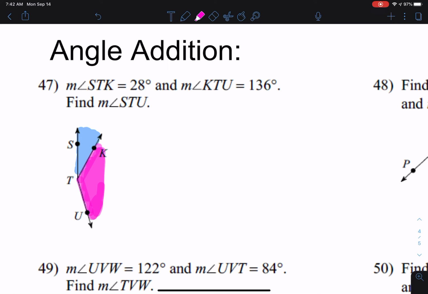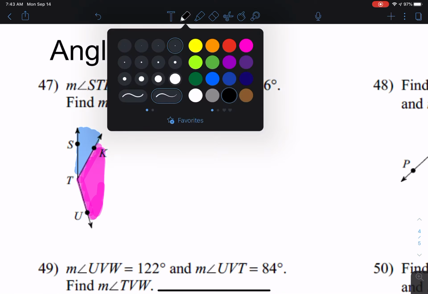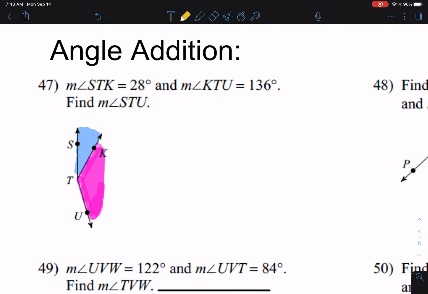Now it wants you to find, let's use this yellow color, it says it wants you to find STU. So that big angle.